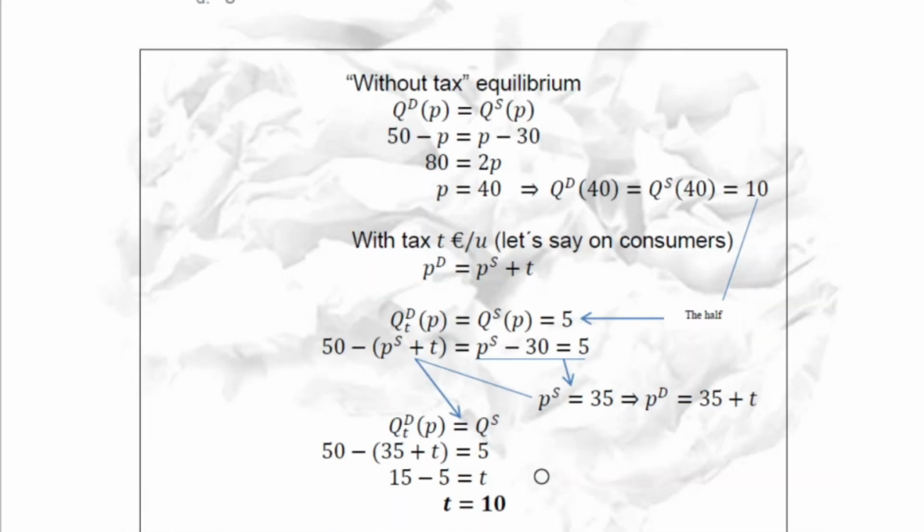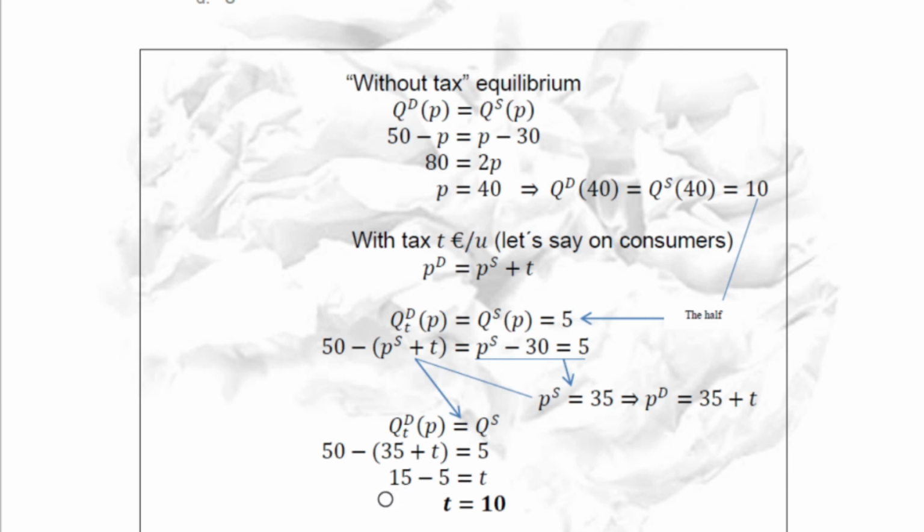From this equality we find that the price the producers receive is 35. Now the price of consumers will be 35 plus T. Then at the equilibrium after the tax, we have 50 minus (35 plus T) equal to 5 units traded.